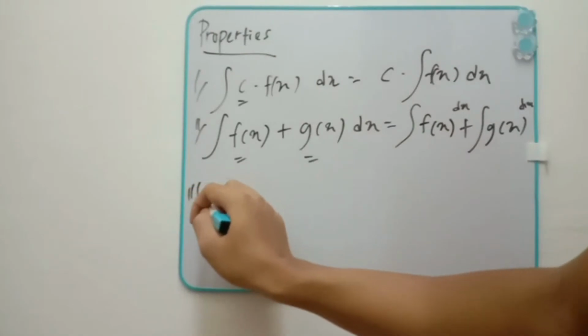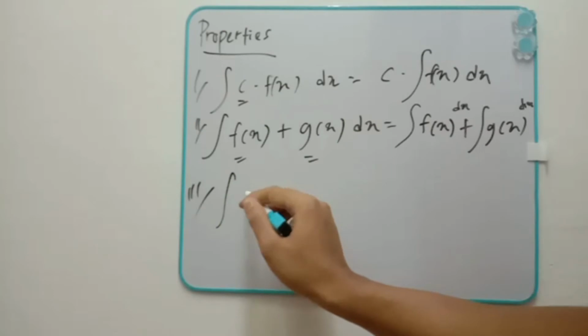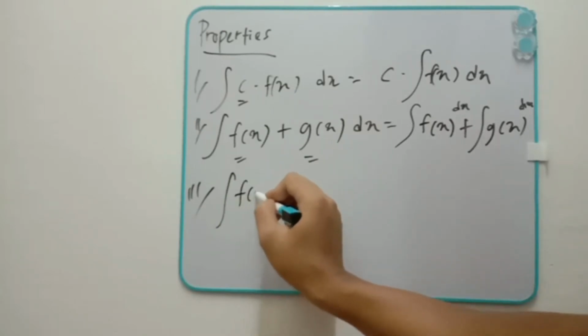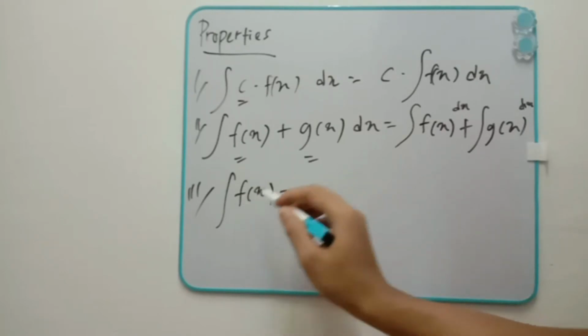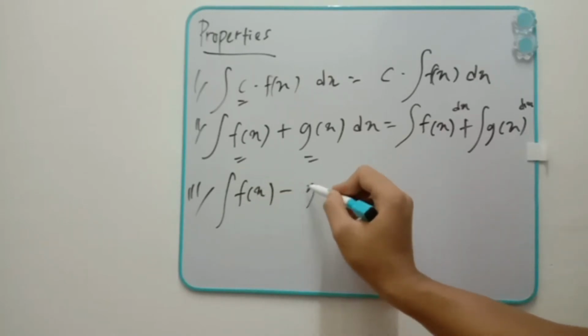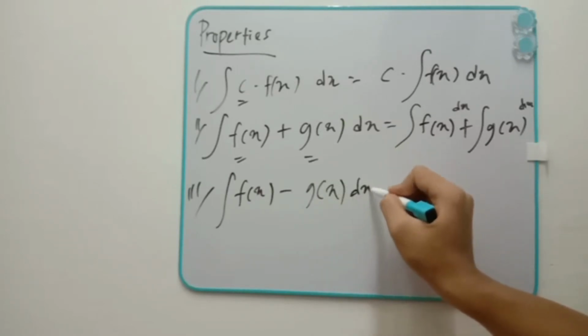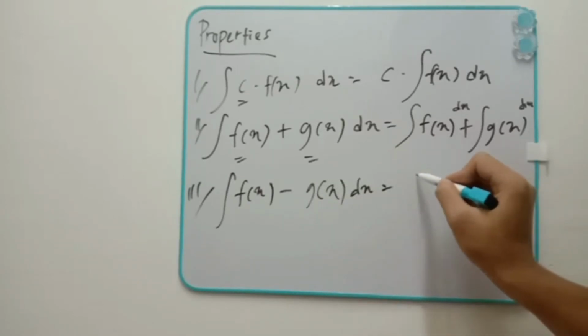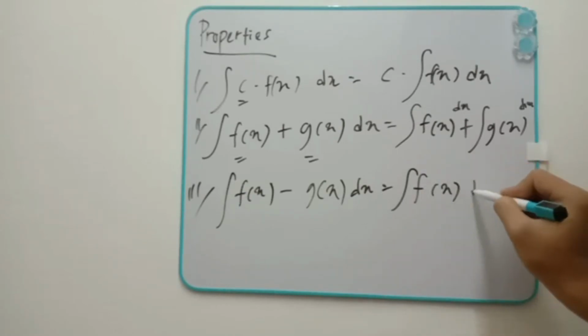Property number 3 shows that if one function is subtracted by another function, we also can separate them into two functions.